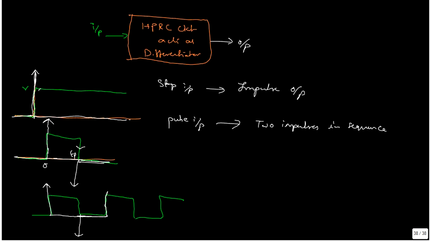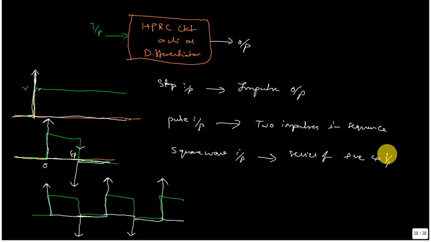When the input is increasing it is a positive impulse, when the input is decreasing it is a negative impulse. Like this you will get the outputs. So for a square wave input, a series of positive and negative impulses.